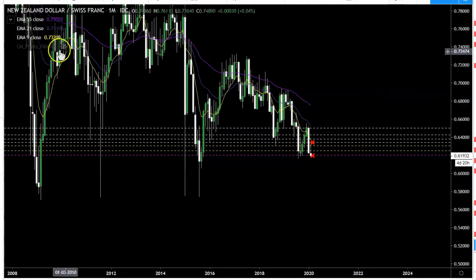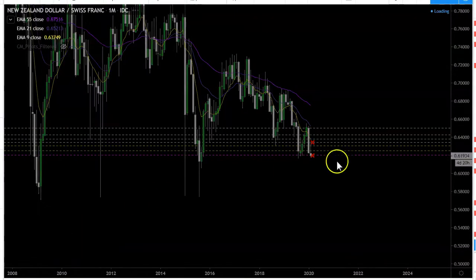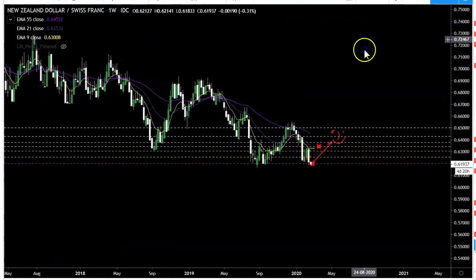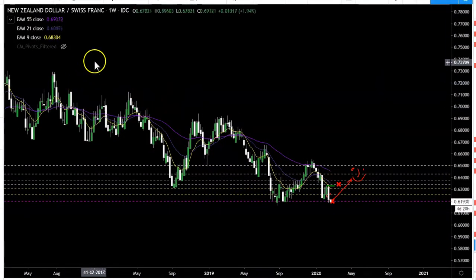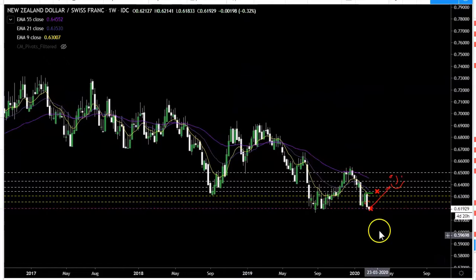Need to just be aware that the Swiss dollar is still fairly strong at the moment, and the New Zealand dollar is still showing weakness. And we can see that this downtrend in the New Zealand dollar against the Swissy has been in play for quite some time, going right back to 2017 and maybe even 2016. We clearly have this range going on here on the weekly chart.